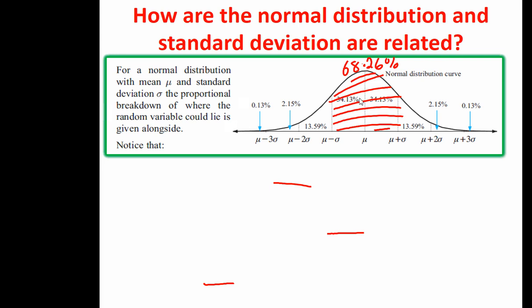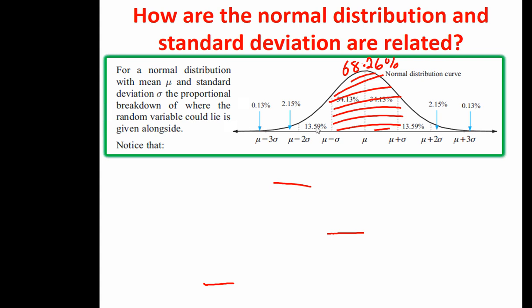Imagine we were talking about all the students sitting the IB. About 68% of the population fall between the mean plus 1 standard deviation and the mean minus 1 standard deviation.